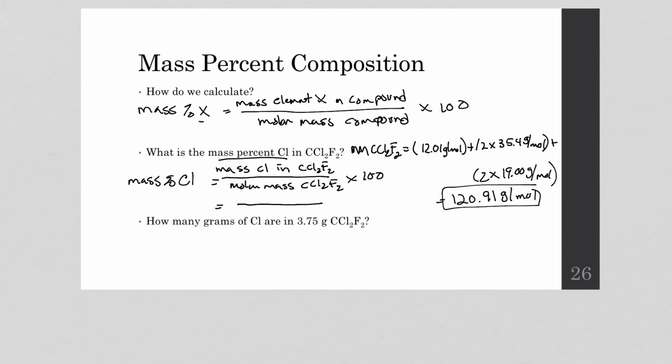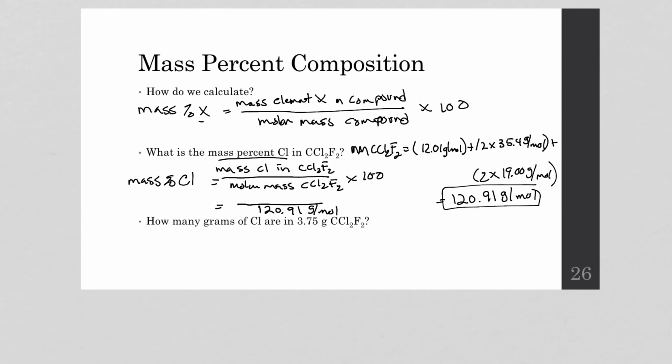So I know the molar mass is 120.91 grams per mole. Now how much of that is from chlorine? Well, I know there's 2 chlorines, so that's going to be 2 times the mass of chlorine.